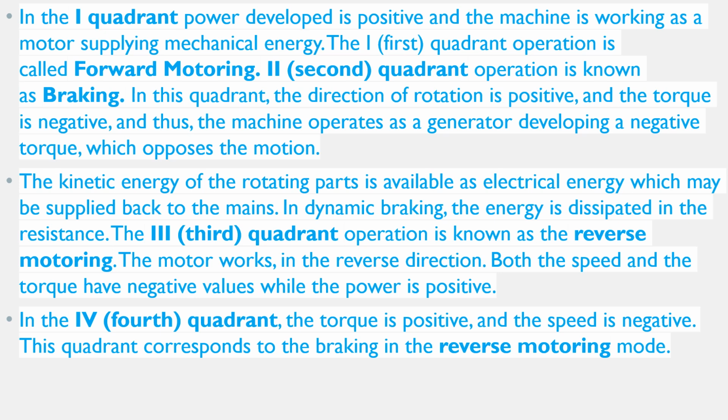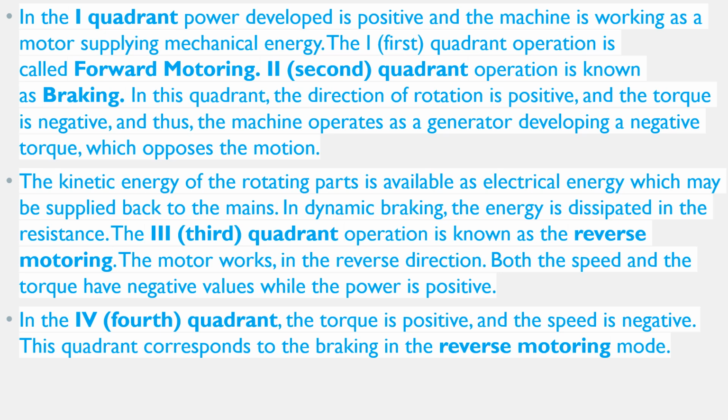In the second quadrant, the direction of rotation is positive and the torque is negative, and thus the machine operates as a generator developing a negative torque which opposes the motion. The kinetic energy of rotating parts is available as electrical energy which may be supplied back to the mains. In dynamic braking, the energy is dissipated in a resistance.